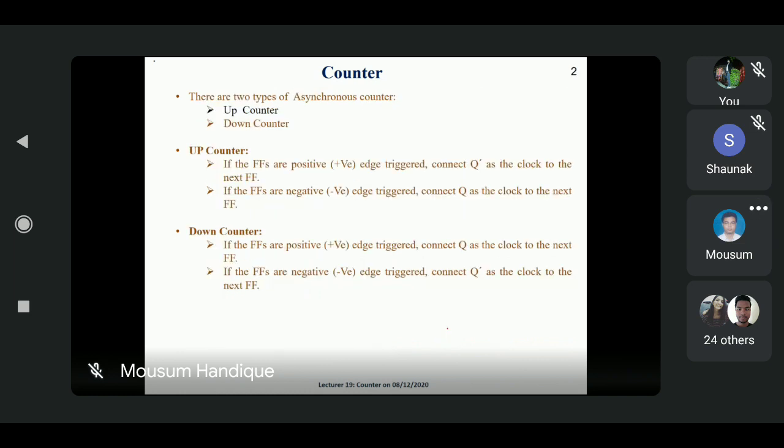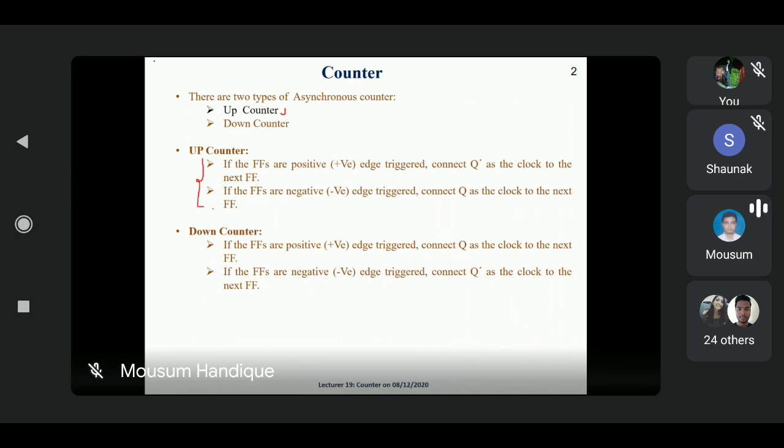Based on the asynchronous counter, there are two types: one is called an up counter and one is called a down counter. When we use the up counter and when we use the down counter, there are some particular conditions given.